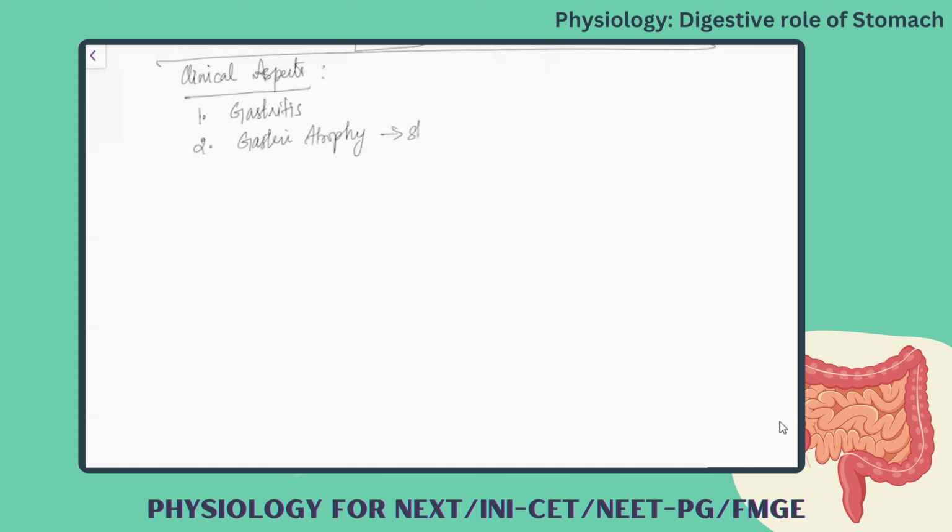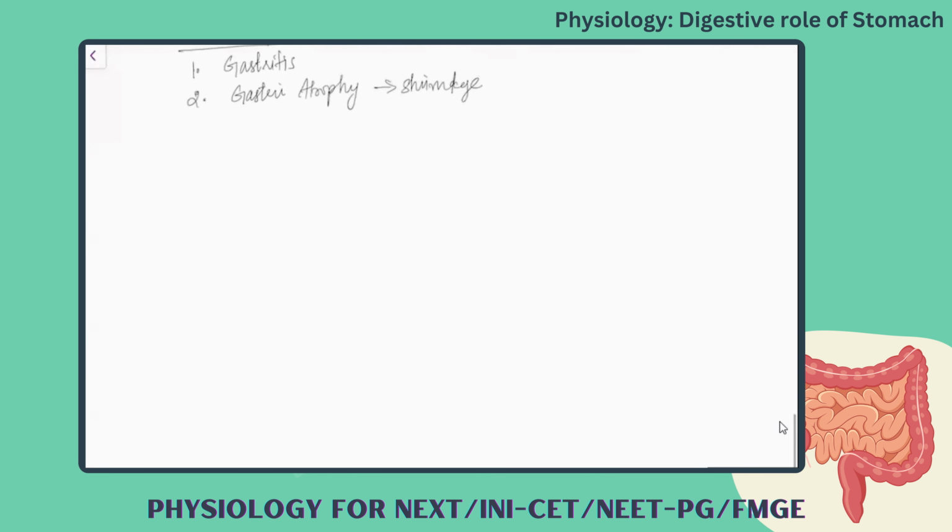So there is shrinkage in the walls of the stomach if there is any loss of nervous innervation to the muscles of the stomach. And the third one, a most commonly encountered clinical scenario, peptic ulcer, which is also called Zollinger-Ellison syndrome.